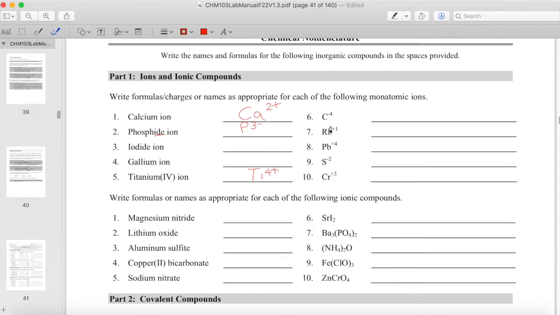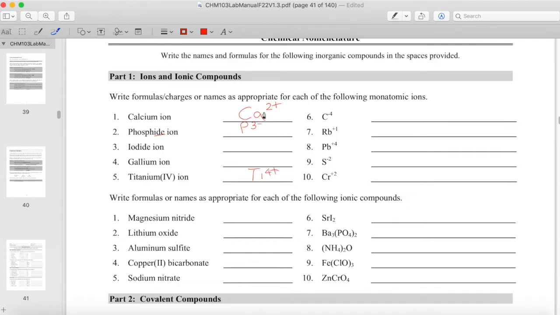All right, let's try doing this backwards. Here we have some symbols for elements using 1 or 2 letters, and we've got the charges in the top right corner that tell you what the charges are. Now notice that the charges here are written with the sign first and then the number.